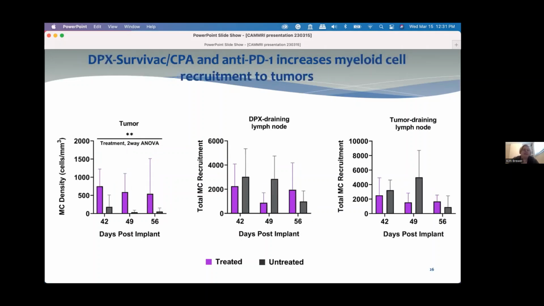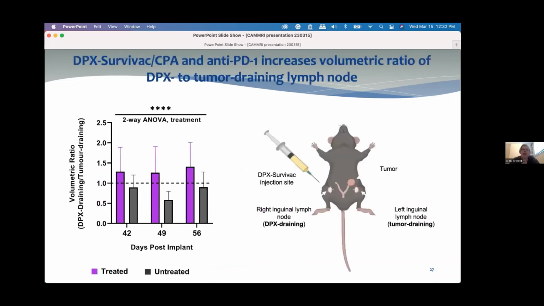Then we looked at myeloid suppressor cells and saw very similar results. Untreated tumors had far fewer of these myeloid cells as compared to treated tumors. Whereas in lymph nodes, we didn't see any significant difference. We also looked at the volume of the tumor-draining and vaccine-draining lymph nodes.